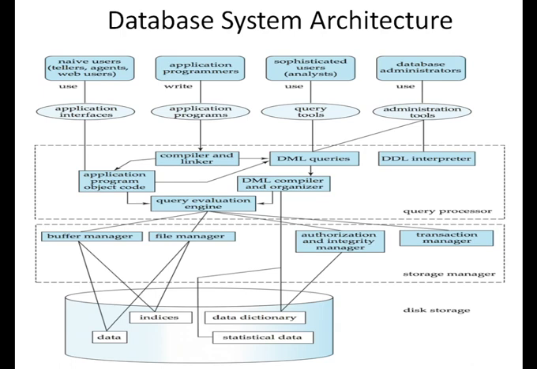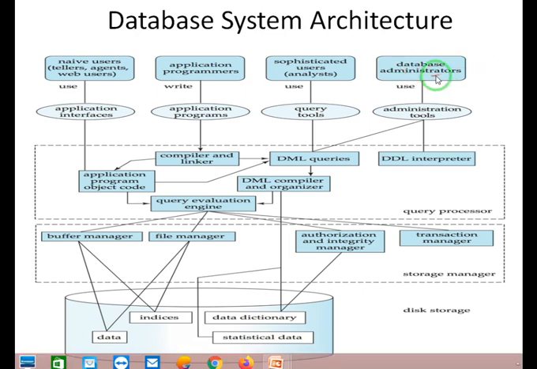Now we finally come to the diagram, that is database system architecture. So first of all, listen carefully. These are the users: naive user, application programmer, sophisticated user, and last is your database administrator. We already discussed this first part, that there are types of user for your database.